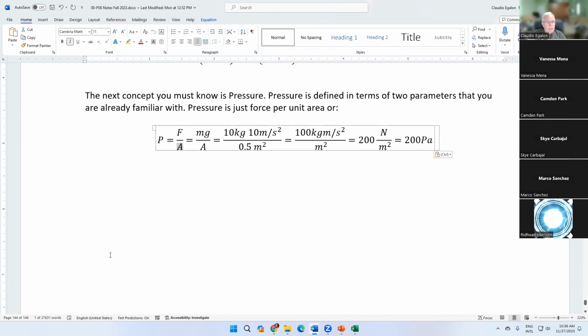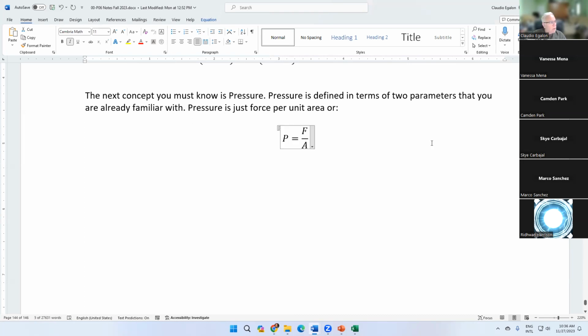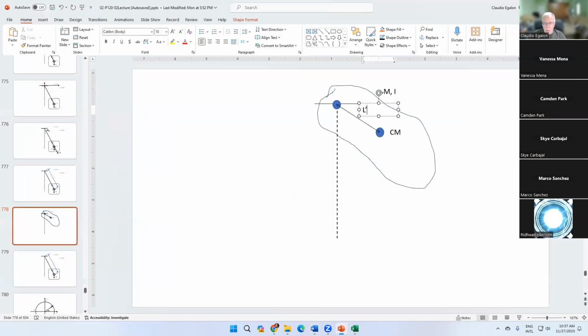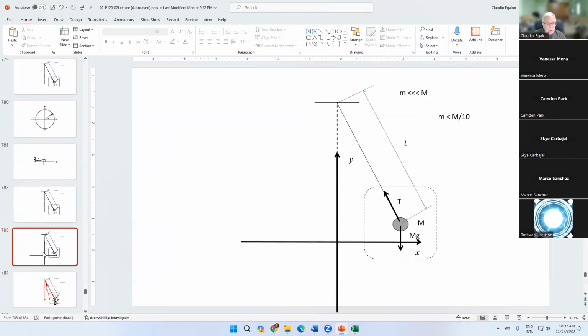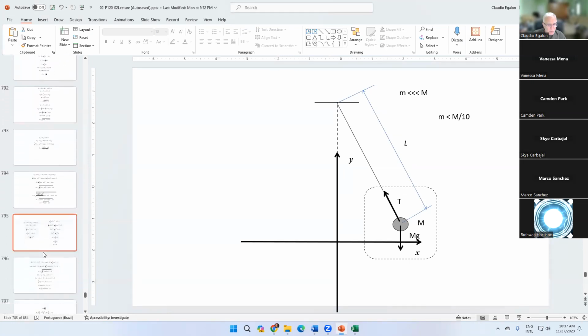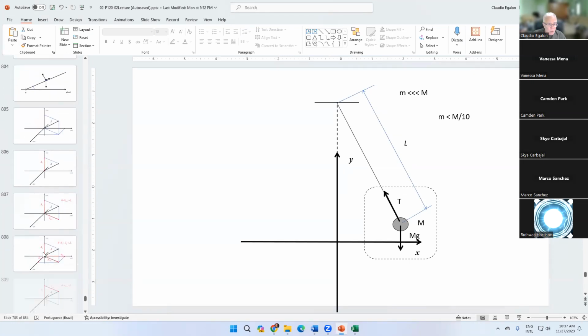Okay, let's see. I want to take this one out for now. Let me put it aside. Okay, and let me show you an illustration. This is not a good illustration that I want.